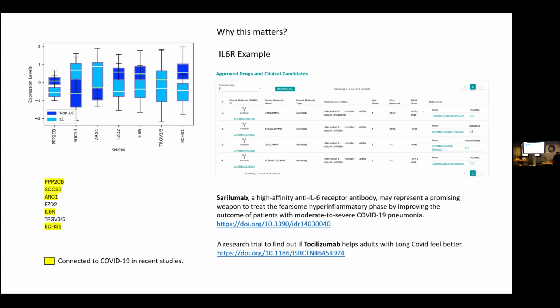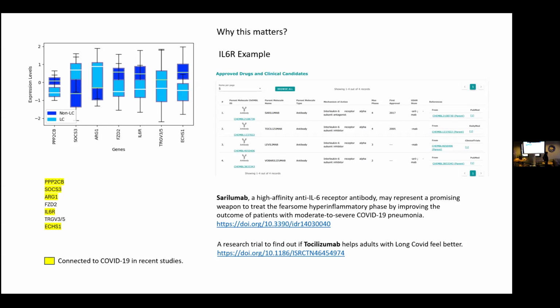Like IL-6 receptor is lower in long COVID individuals. Following this database, yes. However, in another database, it was, I think, the opposite, but had to do with the batch error.